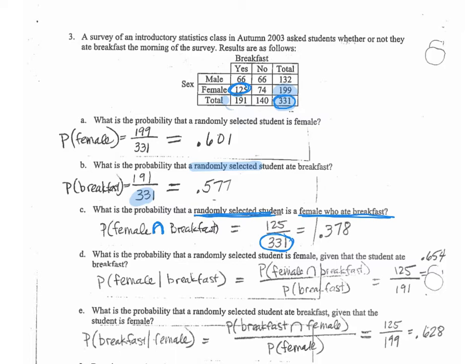All right, let's read D. What is the probability that a randomly selected student is female given that the student ate breakfast? See this? Given that the student eats breakfast, it helps to write out the notation.